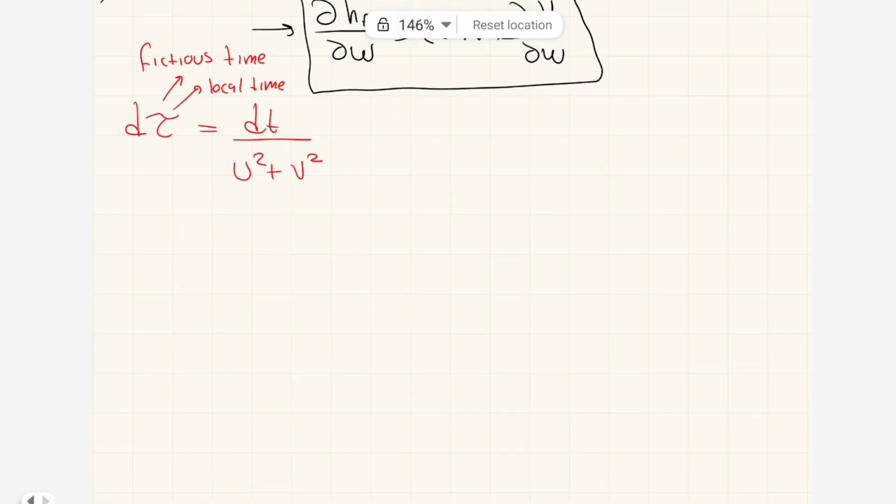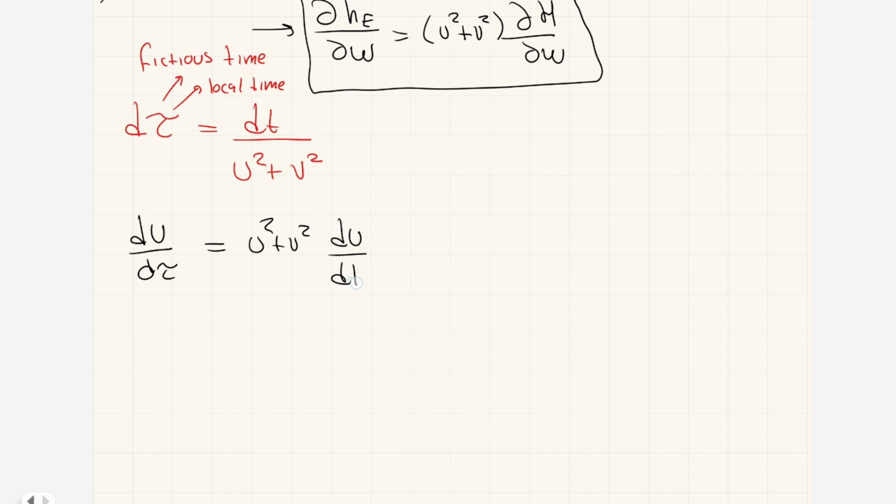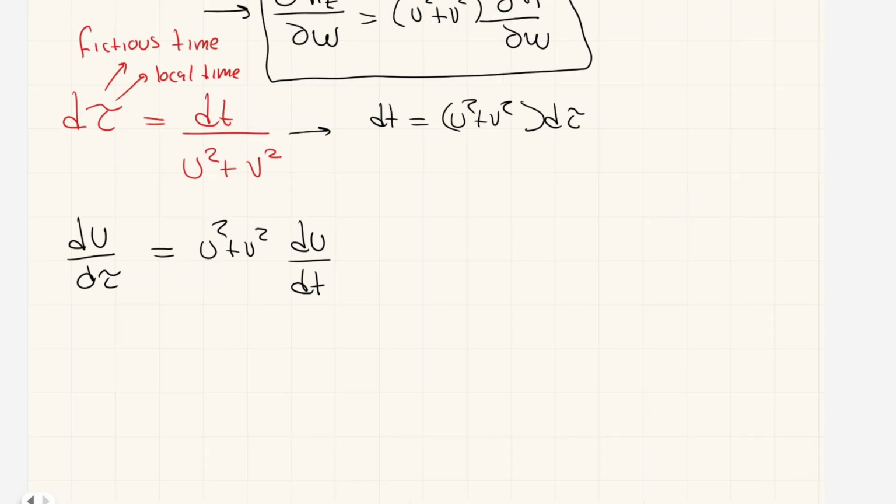So for example, what happens if we want to calculate the derivative of u with respect to tau? This would be equal to (u² + b²) times the derivative of u with respect to time, because from here we see that dt can be seen as (u² + b²) d tau, and the equivalent thing is that the derivative with respect to tau is equal to (u² + b²) times the derivative with respect to time.